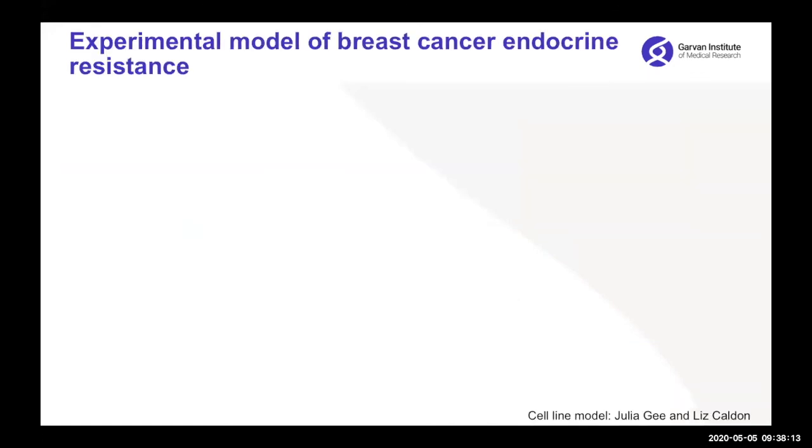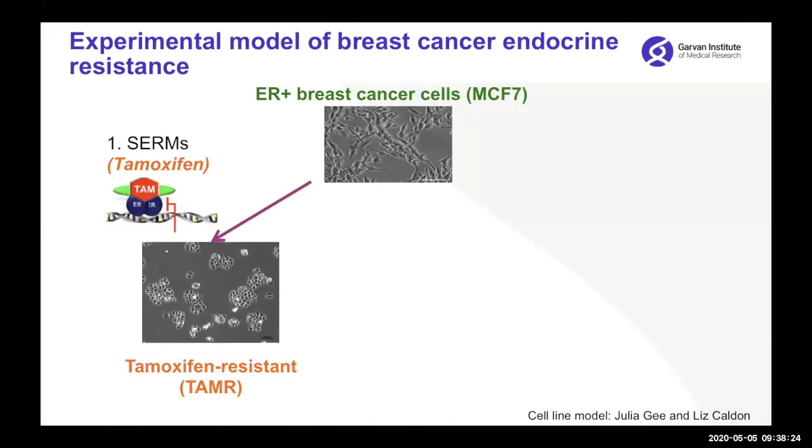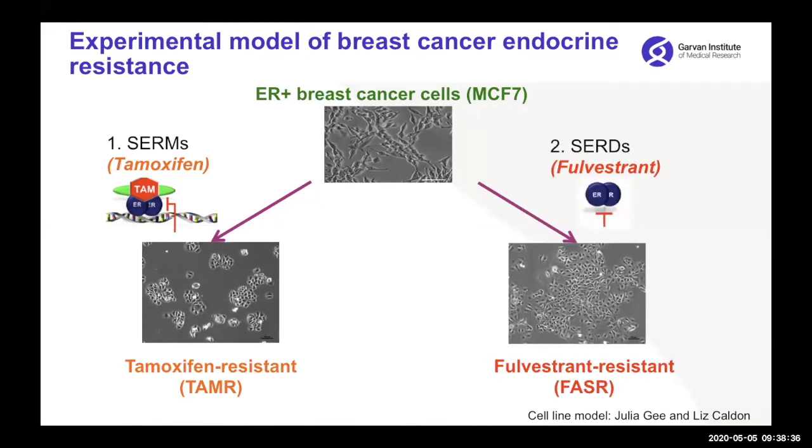So in order to look at the epigenetic changes associated with endocrine resistance, we use a cell line model, which consists of ER-positive breast cancer cells, so MCF7s, which are then treated long-term with either tamoxifen until the development of a tamoxifen-resistant cell population, which we call TAM-R, or with another endocrine treatment called fulvestrant until development of fulvestrant-resistant cell populations, which we call FAS-R.